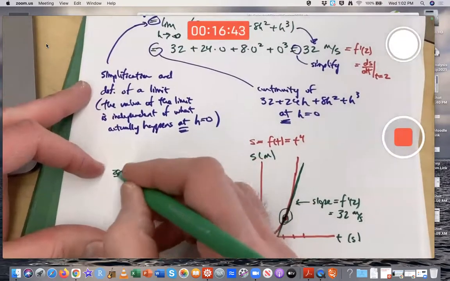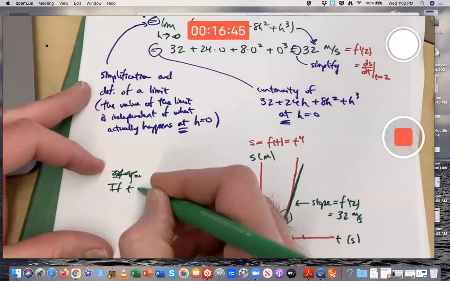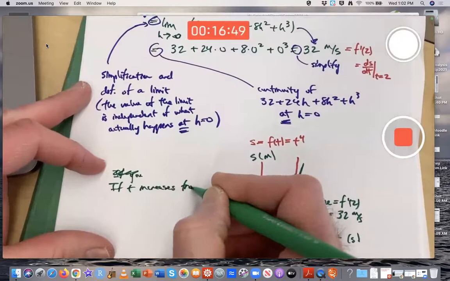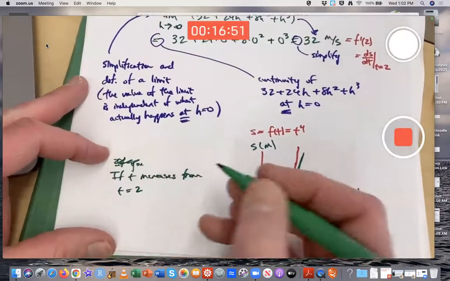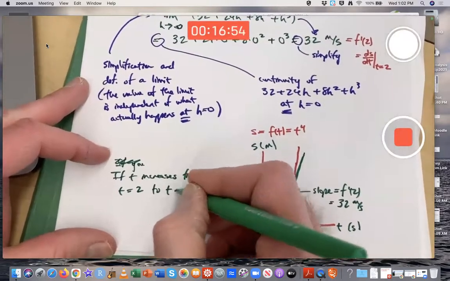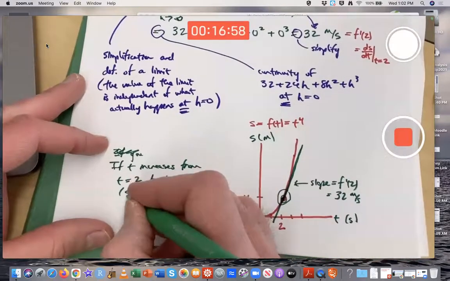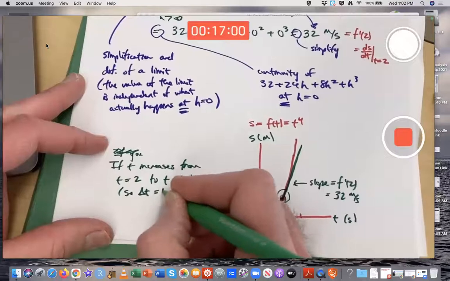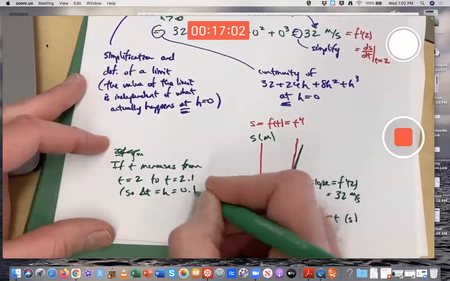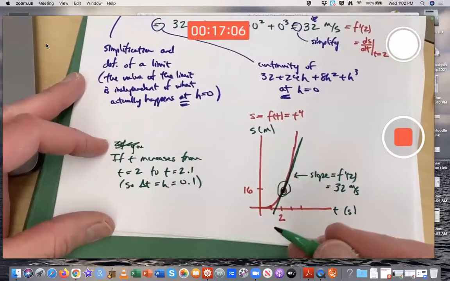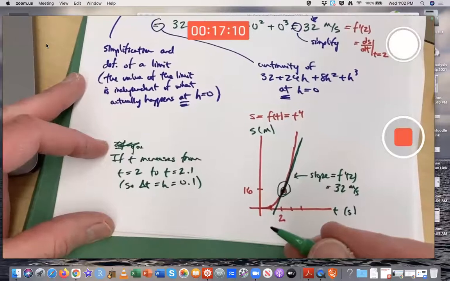Well, okay, if time t increases from t equals 2 to t equals, say, 2.1, so delta t, which we're calling h in this context, is 0.1. What would be your approximate change in position? Change in distance traveled.